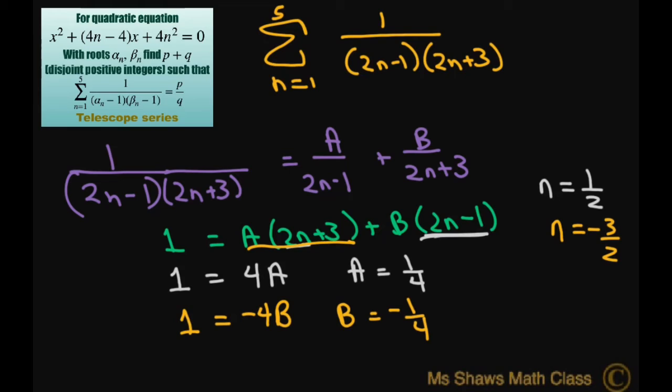And basically what I'm going to do is switch this around now. I know I'm kind of cheating here a little bit. So a is going to be 1/4 and b is going to be negative 1/4.